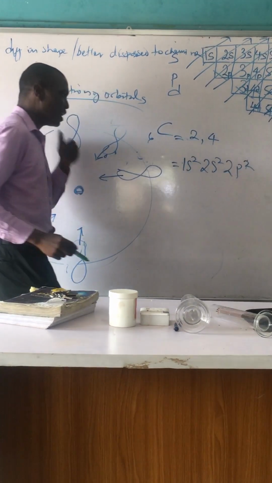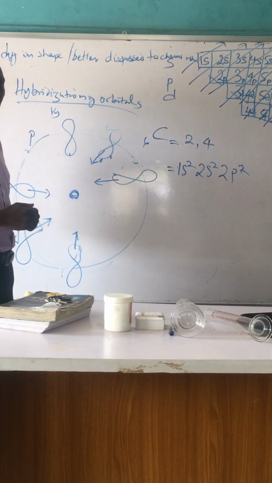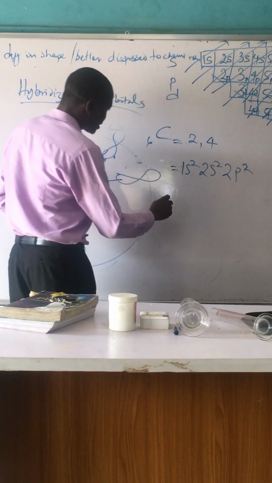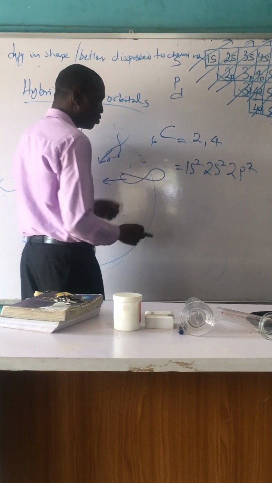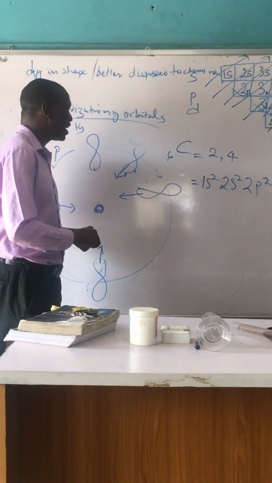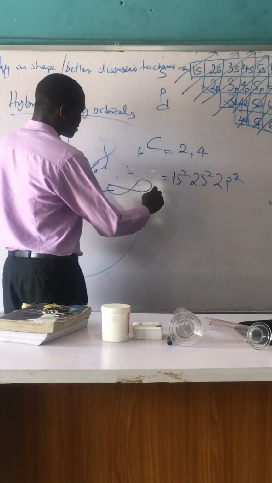That is the electronic configuration of carbon. For instance, if we have covalent bonding in the molecule of methane.